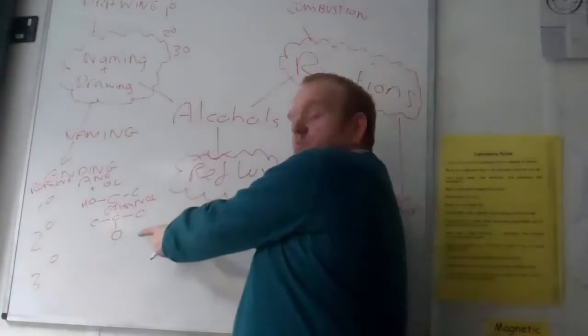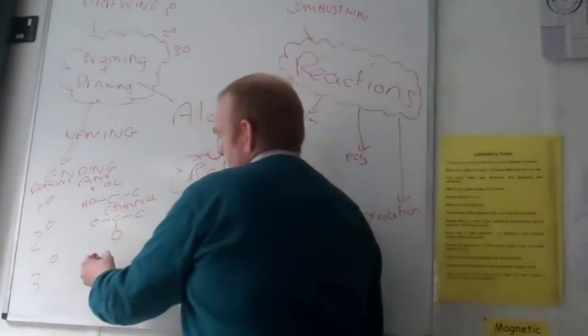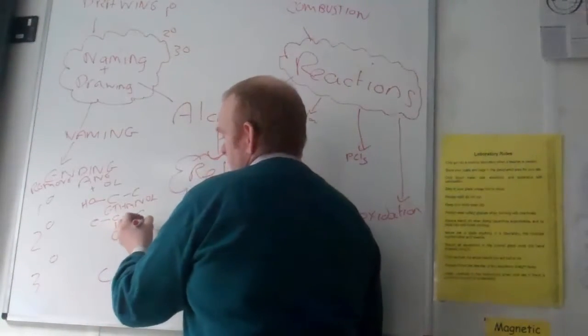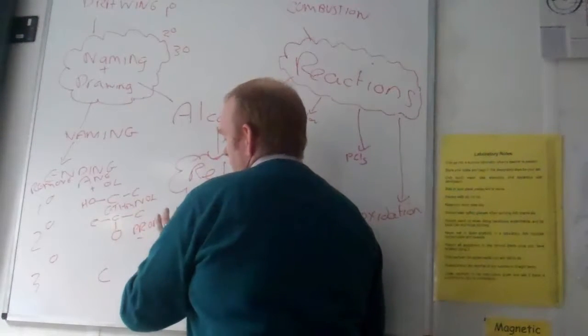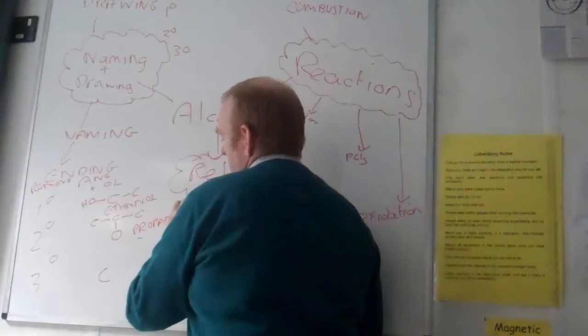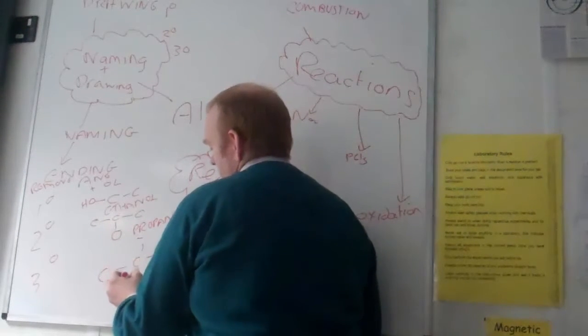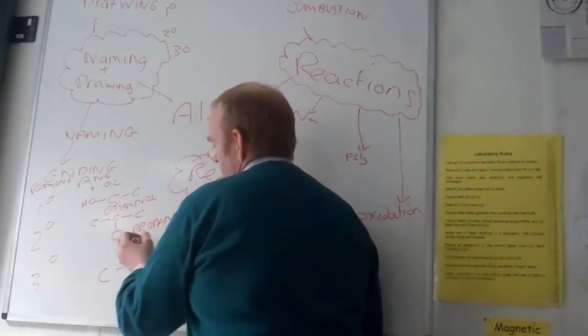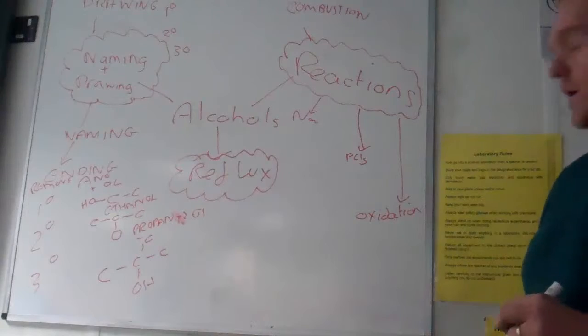So in this example, that's propan-2-ol. If the carbon attached has 3 different carbon groups attached, it's a tertiary carbon. For example, that is 2-methyl propan-2-ol.